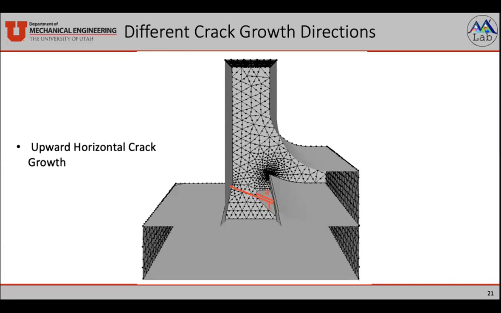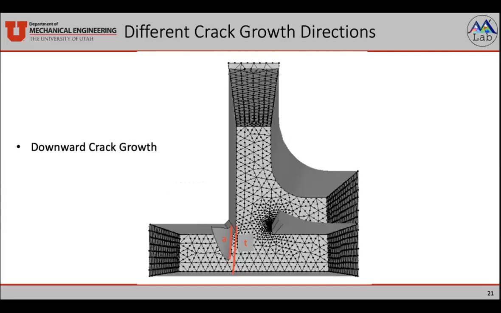Some cracks started to grow upward, and so the thickness was taken as the distance from the initial crack insertion point to where it would intersect the other surface. So this would be slightly larger than the weld thickness. And the A was defined as the length along the crack growth path that the crack front had traveled.